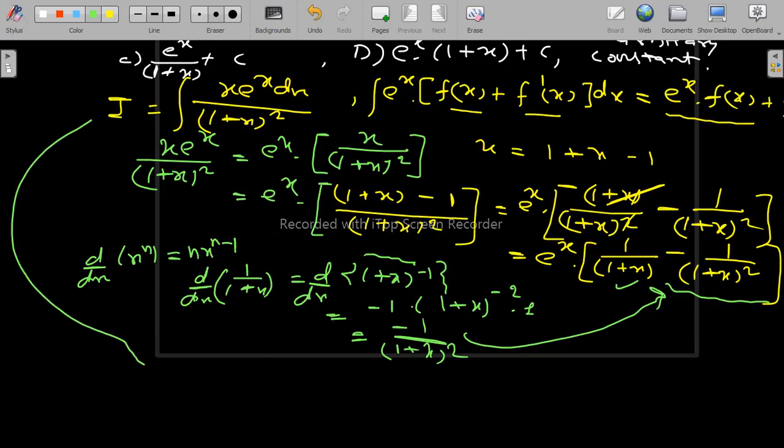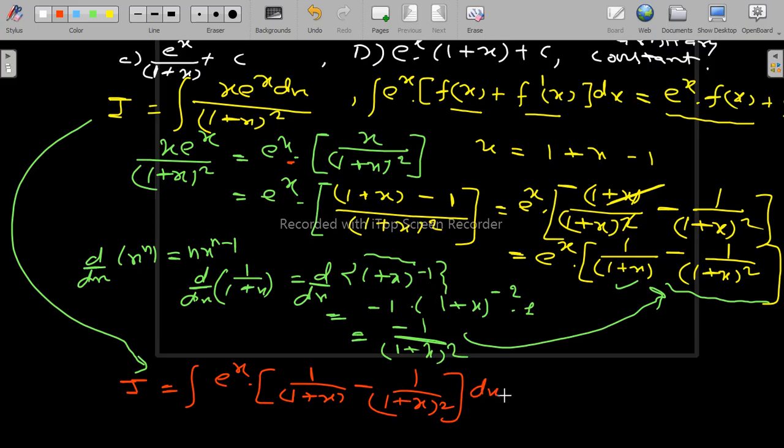So this integral I can write as the integral of e power x into 1 by 1 plus x minus 1 by 1 plus x whole square, dx. Now this is the form of the formula, that is e power x into f of x plus f dash of x. Here f of x is the function 1 by 1 plus x, and this is its differential coefficient.